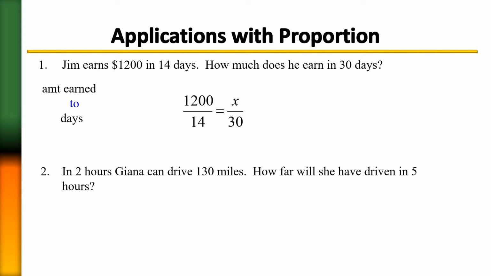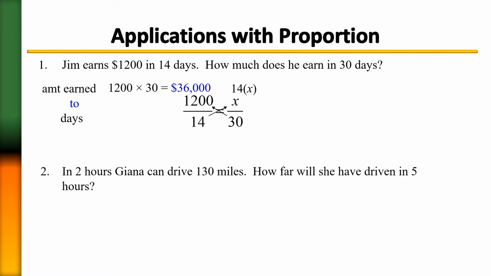Now that we have it set up, let's go ahead and solve. I'm going to start with the variable side first, simply because I like to put my variables on the left and my numbers on the right. But you can do it any way that works best for you. So 14 times x equals 14x. 30 times 1,200 equals 36,000.